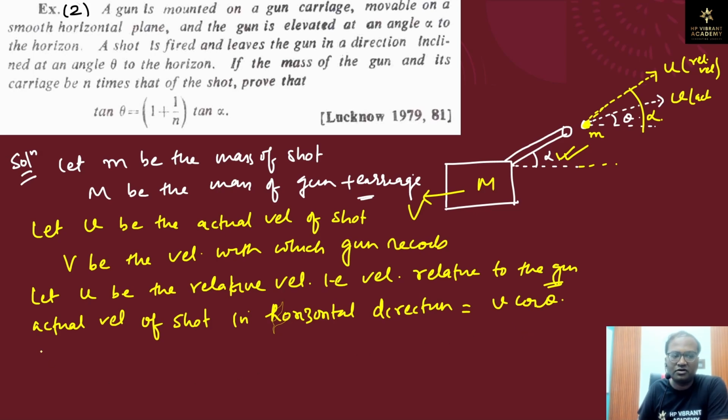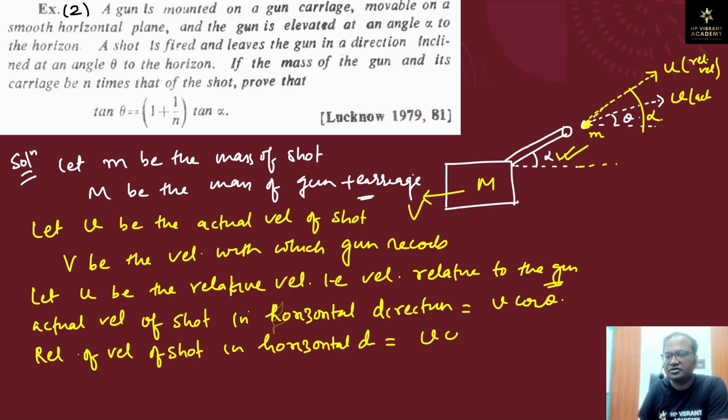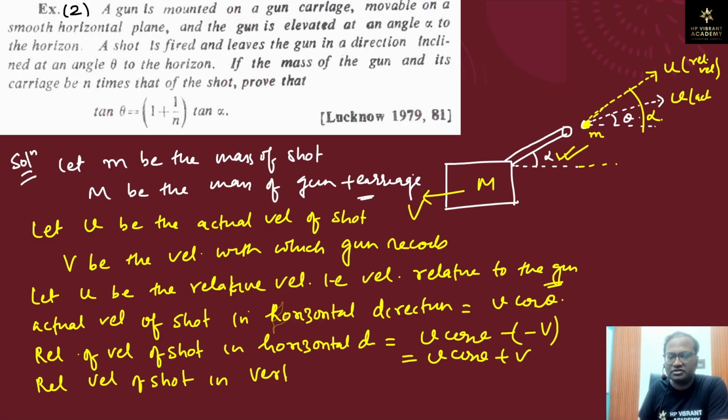So now relative velocity of shot in horizontal direction will be small v cos theta minus capital V, which is equal to v cos theta plus capital V. Now we have relative velocity of shot in vertical direction. This will be equal to small v sin theta.